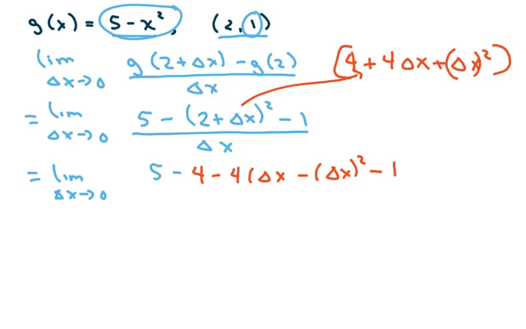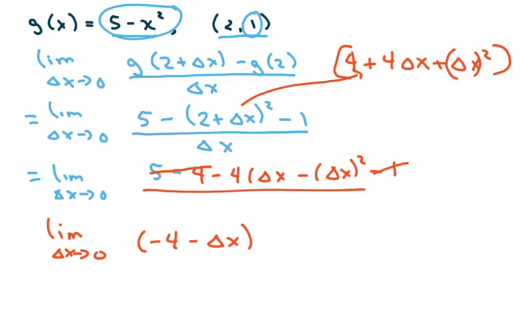And then you clean all that up. 5 minus 4 is 1, and that cancels with that. So we're left with negative 4 minus delta x. Oh, this was all over delta x. And when you plug in 0 into this, our answer is going to be negative 4.